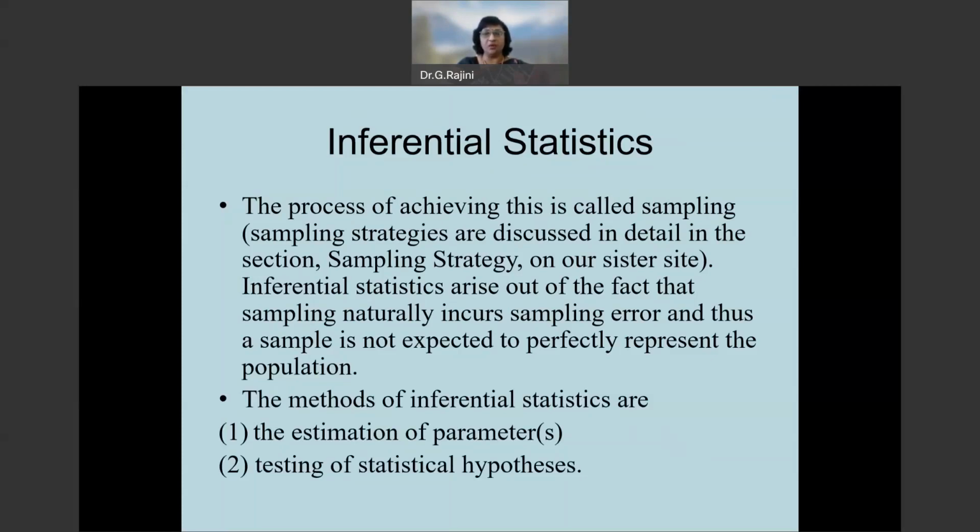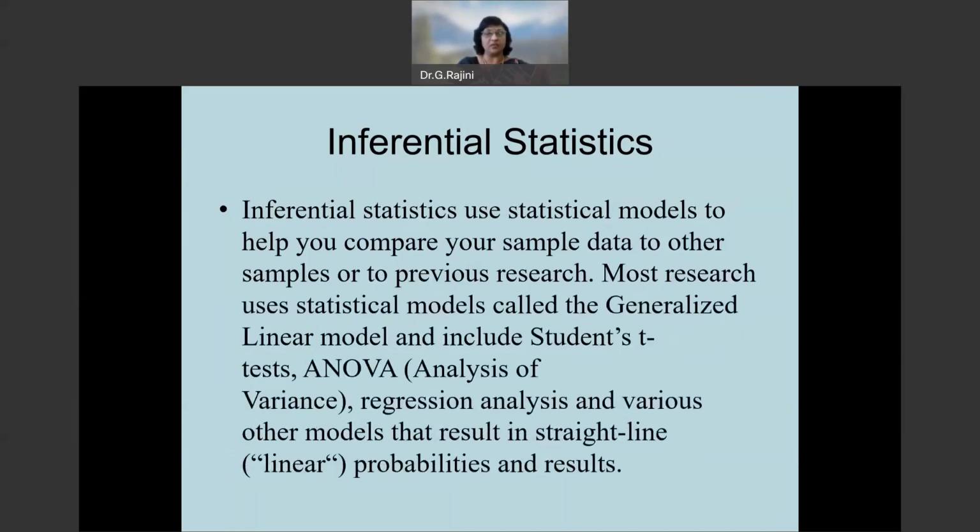As I was telling you already, we have a phrase, to err is human. So we have error all the time, but we have to look into whether the error is negligible, and whether it falls within limits. If it is very erratic, then we will never take the risk of giving false inferences to the decision makers. So the methods of inferential statistics are the estimation of parameters and the testing of statistical hypotheses.